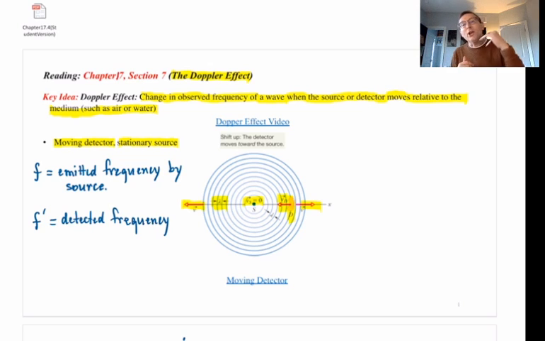F prime should be a larger number than F. Conversely, unlike what the picture shows, if the detector were moving away from the source, then the detector would be intercepting fewer wave fronts per second compared to when the detector was at rest. And so the detected frequency F prime would be less than F.